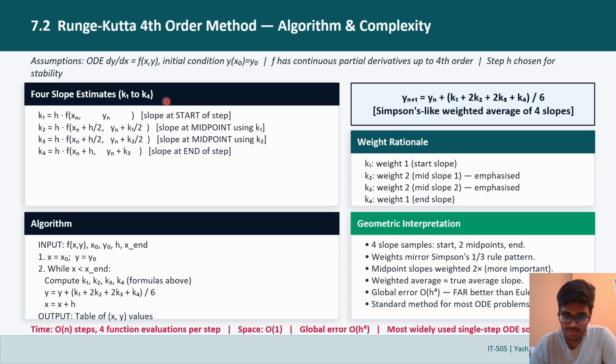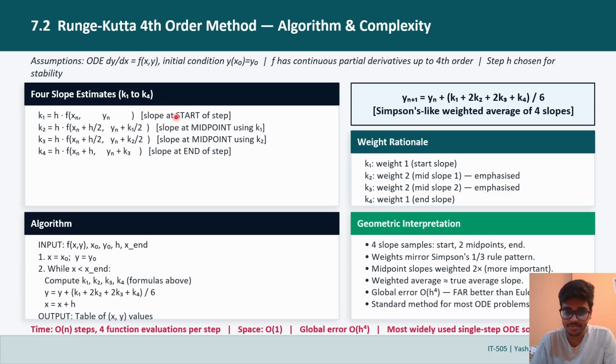K3 equals h times f of xn plus h over 2, yn plus k2 over 2. The slope at the midpoint again, but using the improved estimate k2. K4 equals h times f of xn plus h, comma yn plus k3. The slope at the end of the step using k3 as the estimate.